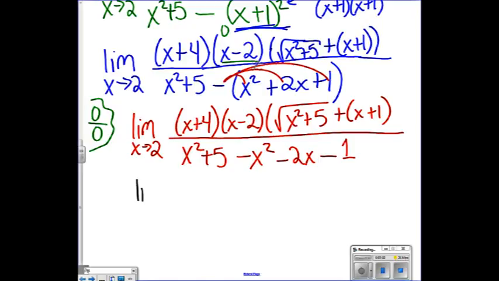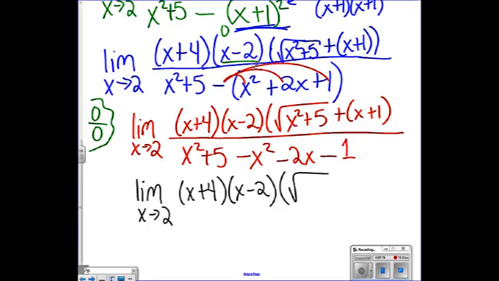On top, we still have the exact same thing: x plus 4 times x minus 2 times the square root of x squared plus 5 plus x plus 1. Oops, let's make this more of a parenthesis. I just noticed that should have had an extra one.